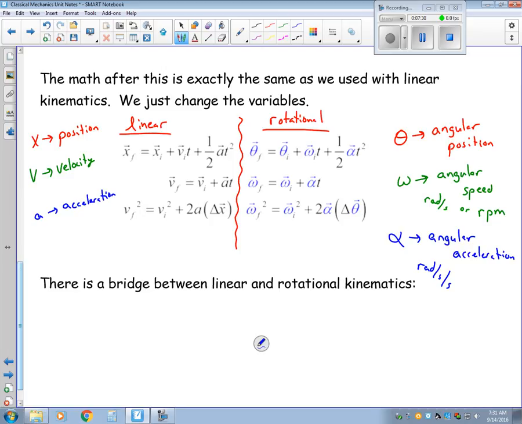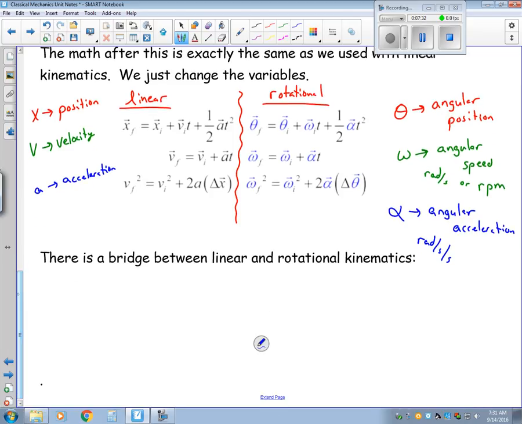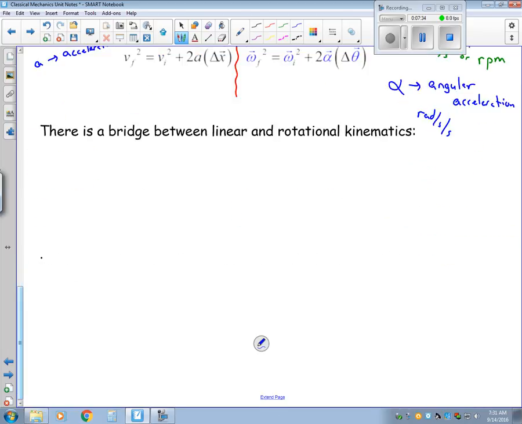Now we do have a bridge between the linear and the rotational. They're pretty simple. If I take the linear speed, that would equal the radius times the angular speed. I also have this relationship here that says linear acceleration equals radius times angular acceleration.